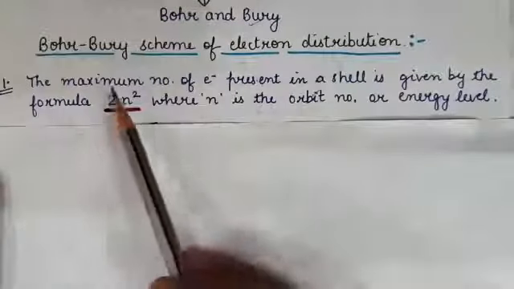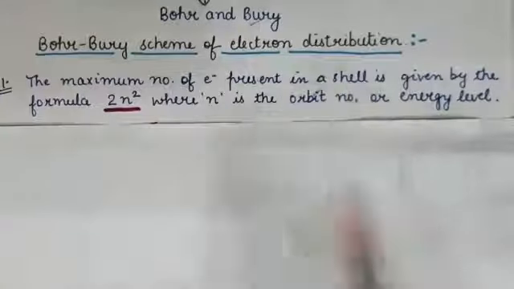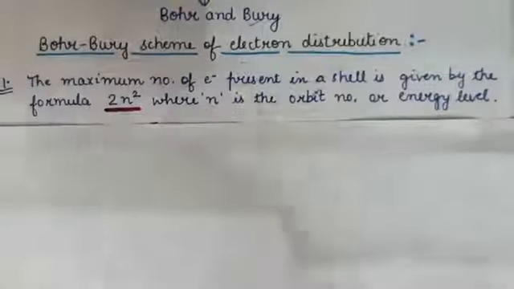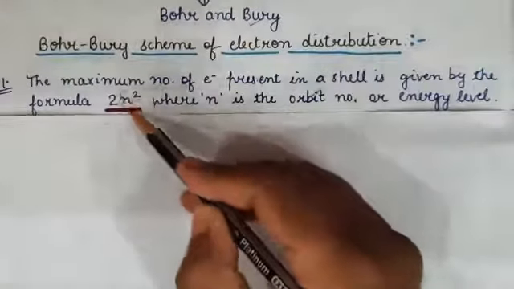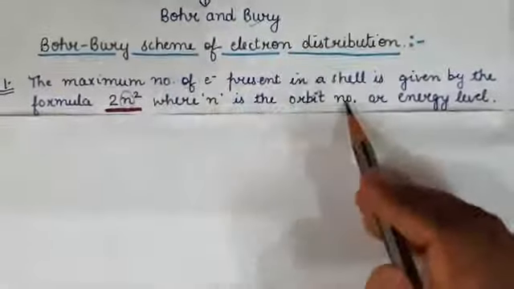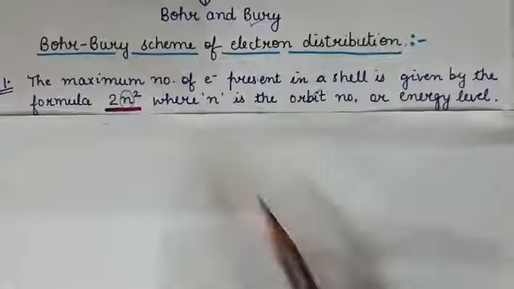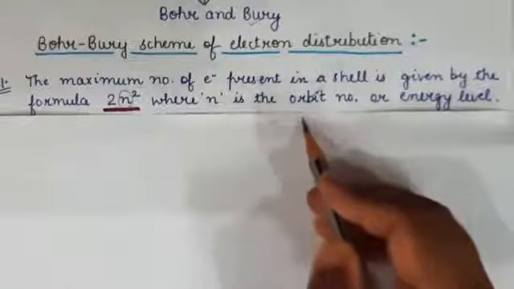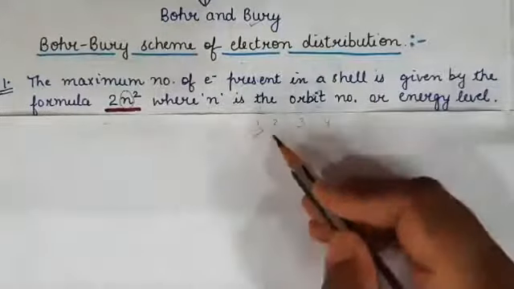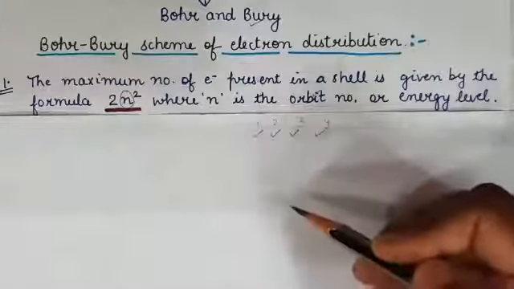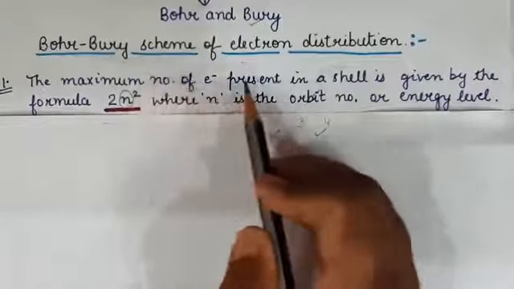The first rule is that the maximum number of electrons present in a shell is given by the formula 2n square, where n represents the orbit number or the energy level, whether n is 1, 2, 3, 4 and so on. Means first shell, second shell, third shell, fourth shell. So this is the formula for calculating the number of electrons in a given shell.